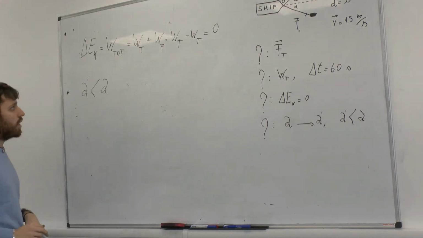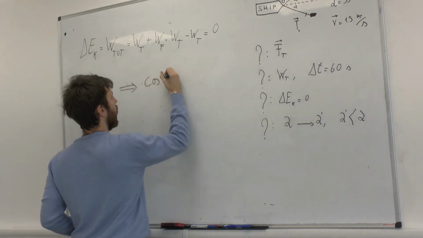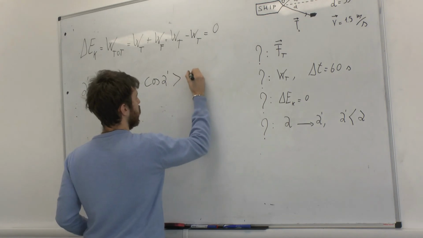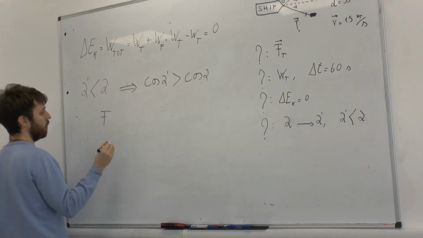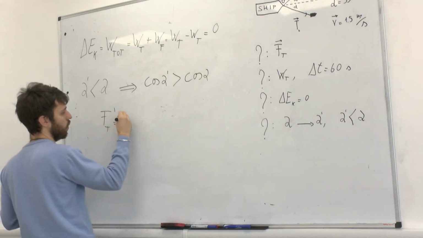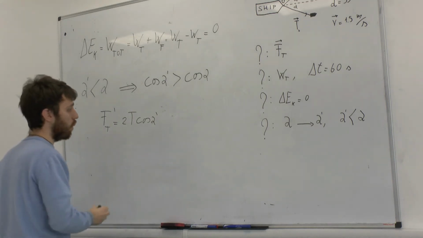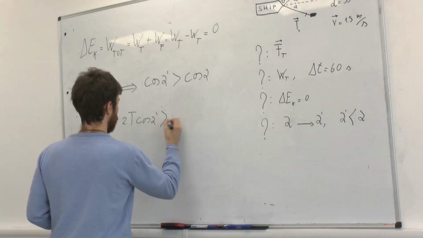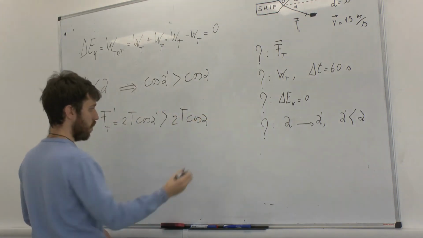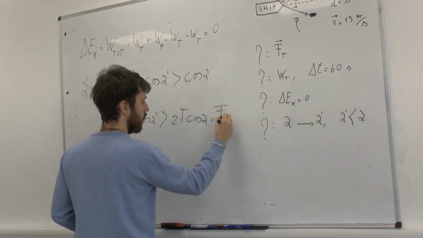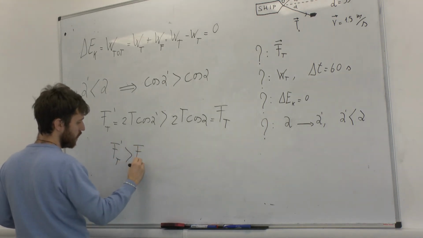Since the two angles are smaller than 90 degrees, the cosine of alpha prime is bigger than the cosine of alpha, which means that the modulus of Ft prime, which is equal to 2T cos alpha prime, in analogy to what we have done previously, is bigger than 2T cos alpha, which is what we defined as Ft. So the modulus of Ft prime is bigger than Ft.